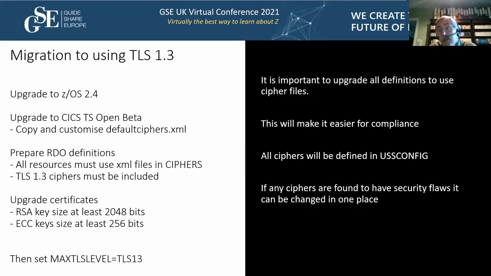You can use the resource overrides feature in CICS to do that in an easy way. And you need to make sure that the certificates have a sufficiently long key length. After all of that has been done, it would be safe to upgrade the maximum TLS level to 1.3. And I'll show you in a little bit, with some stats, some work that you can do to help check that in the next foil.